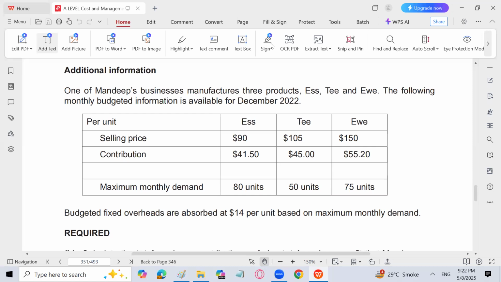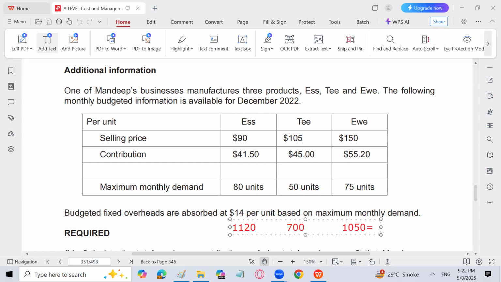So let's find the budgeted fixed cost first. 80 multiplied by 14 is 1120. That is the fixed cost for S. Then 50 multiplied by 14 is 700. And then 75 multiplied by 14 is 1050.